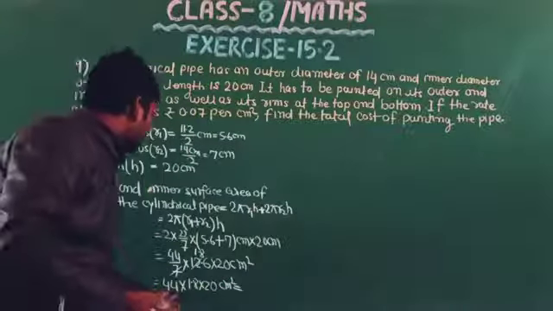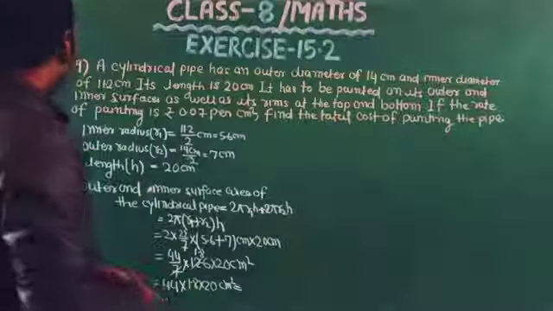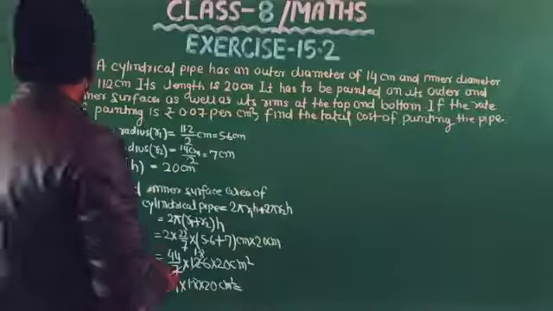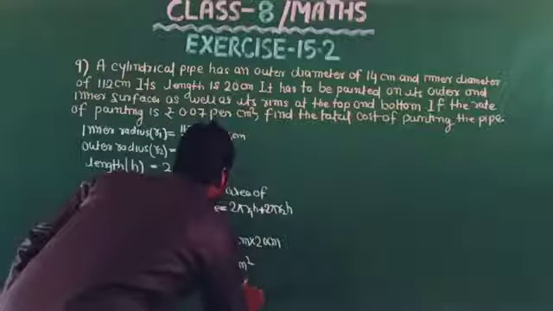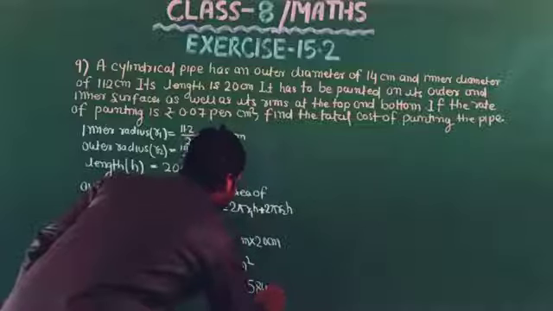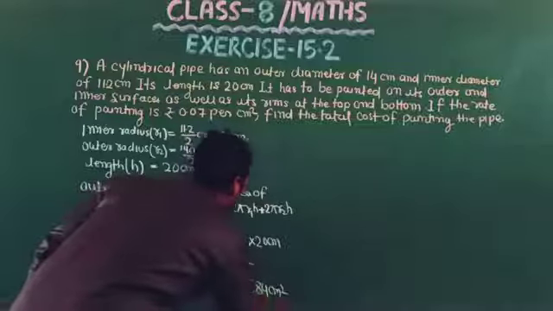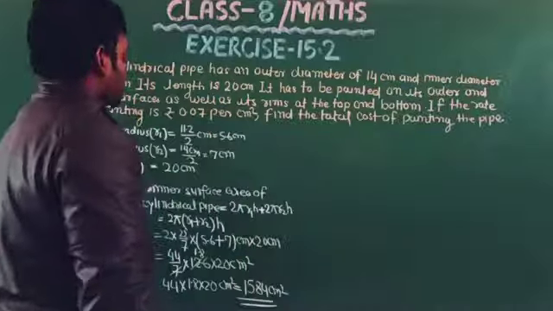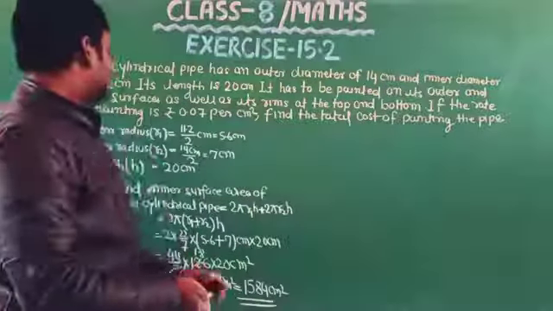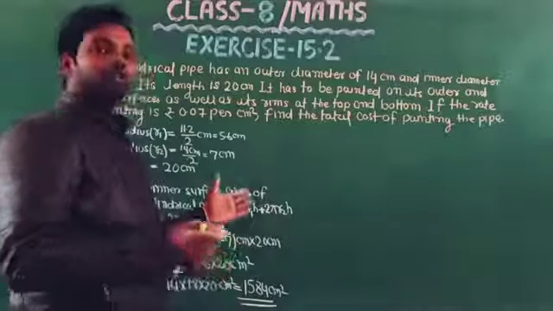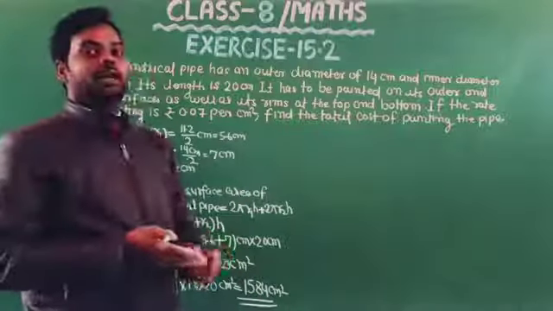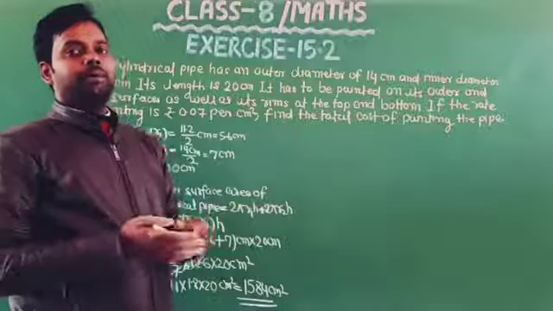And after multiplication of this quantity, 44 into 1.8 into 20, that gives us 1584 centimeter square. So this is the total inner and outer surface area of the cylindrical pipe.